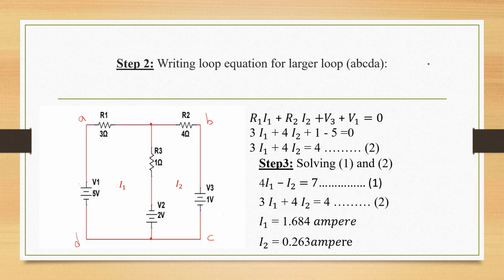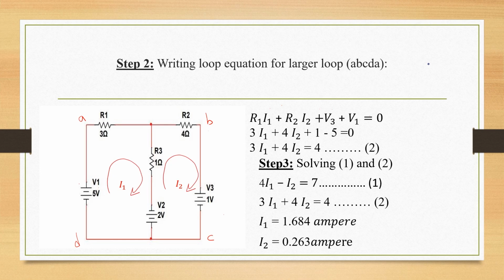For the second loop equation, now we are considering the larger loop A, B, C, D and A. For this loop, again we have two loop currents I1 and I2. So again I am going to write the loop equation starting from point A. R1 into I1, R2 into I2 plus V3.